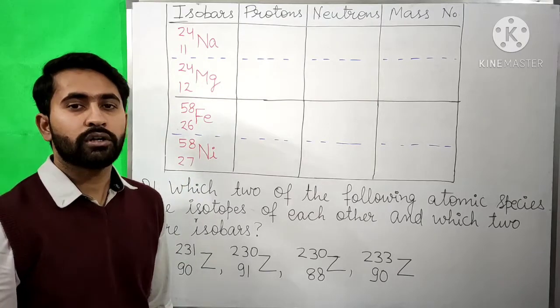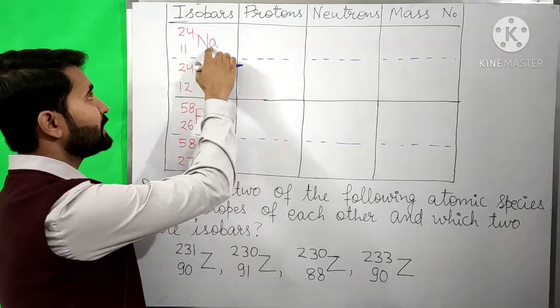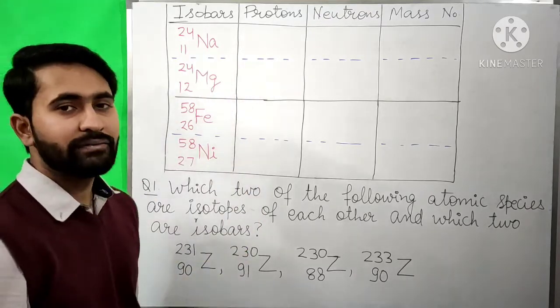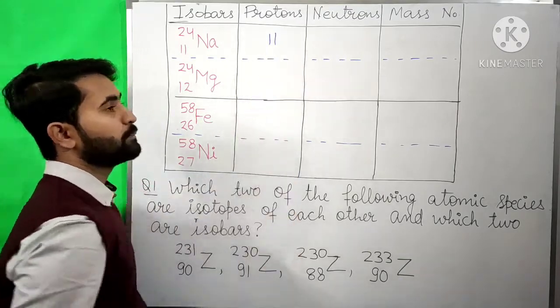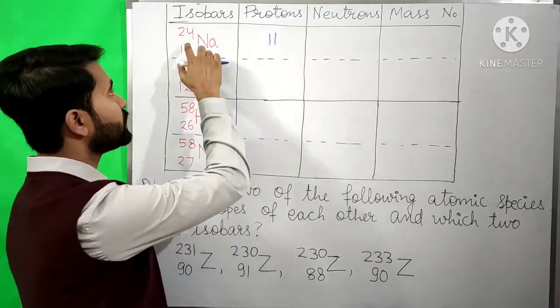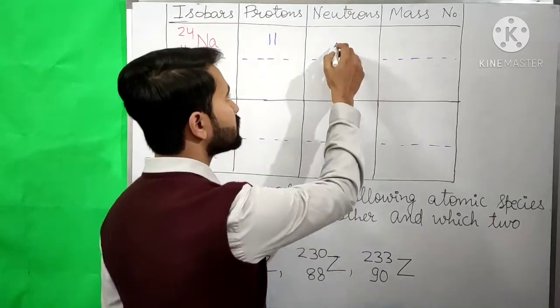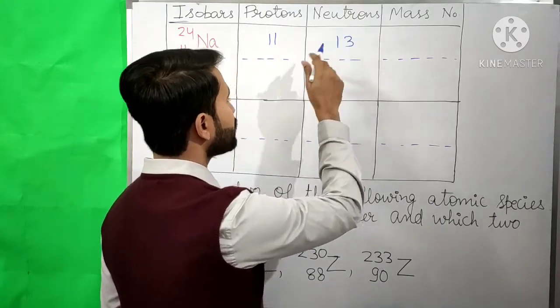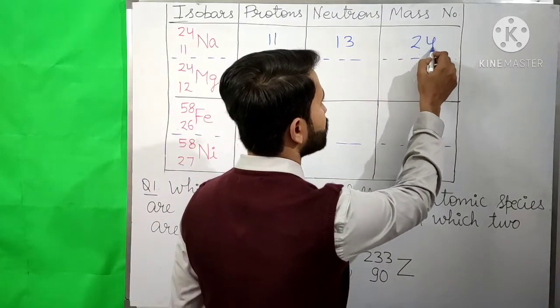So if we want to write their nuclear composition, 11Na24 will have 11 protons in it, and the number of neutrons will be 24 minus 11, that will be equal to 13. Now its mass number is 11 plus 13, 24.